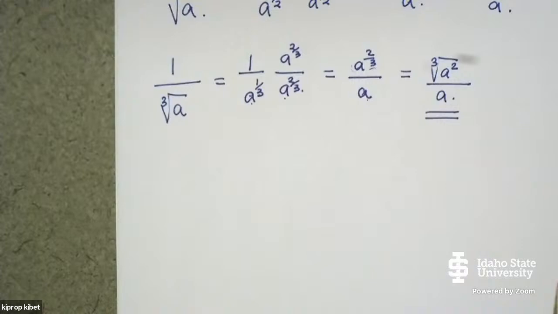You are trying to remove the radical, so you look for a value that makes the denominator free of the radical, and then you simplify.